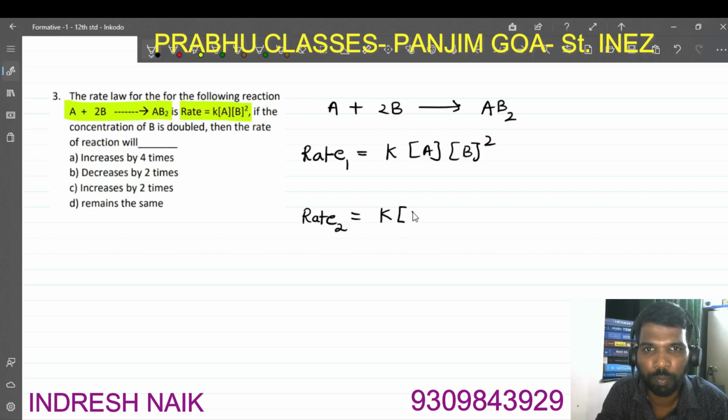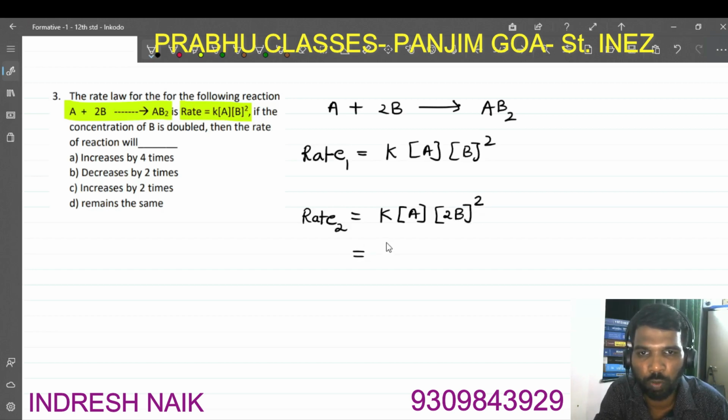So for A, what they have said is the concentration of B is doubled. So I'll keep this as [A], and the concentration of B I am making double, meaning instead of [B] I am writing [2B], the whole square. So what would this be? Rate 2 will be equal to K [A], and you take this 2 out, then it will be 2 the whole square, and [B] the whole square.